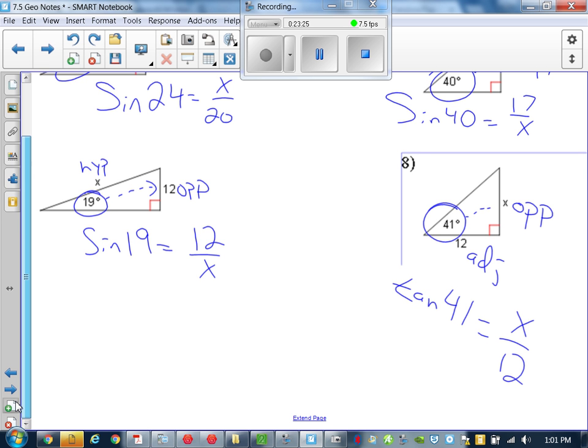So what I have for you guys is basically some problems that look exactly like this.